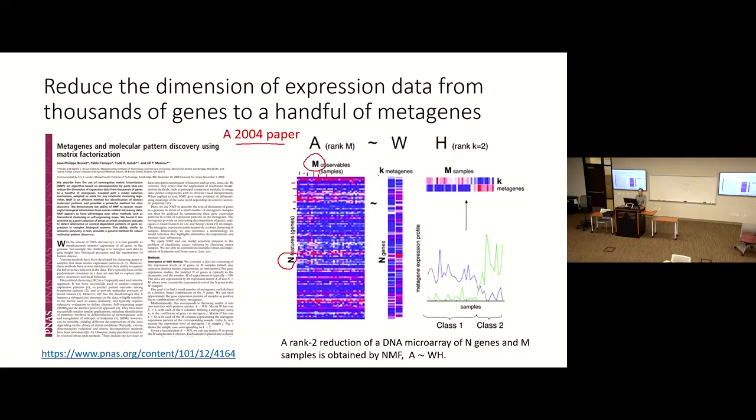Then the authors assume there is a hyperparameter k. So how many components are in this matrix? They gave a name called meta-gene, or maybe just gene expression program, what we just described. Meta-gene, in our terms, is the components, or a gene expression program.